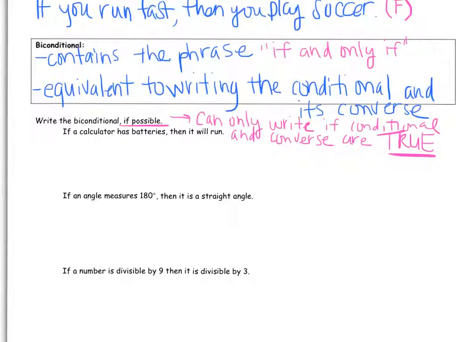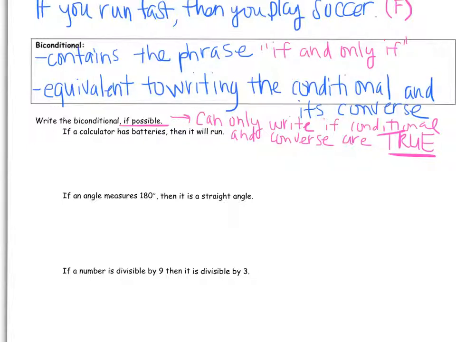So if either one is false, like that soccer example, we could not write the biconditional, because we considered both of those false. Before we even go to writing a biconditional statement, we have to consider whether our statements are true or false.